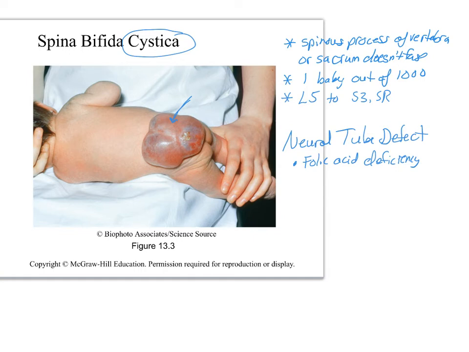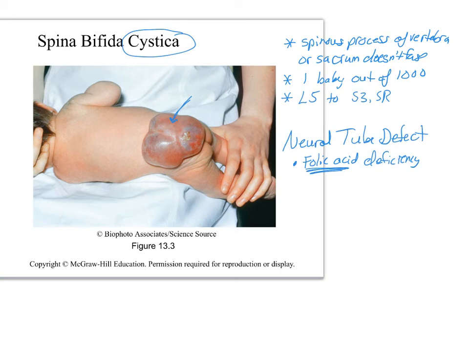Also, many things are supplemented or fortified with folic acid, like cereals and breads. And when we went to fortification of our foods with folic acid, and we recommended women planning to get pregnant to take folic acid supplements, the rate of neural tube defects went down, okay? So folic acid, super important, all right?